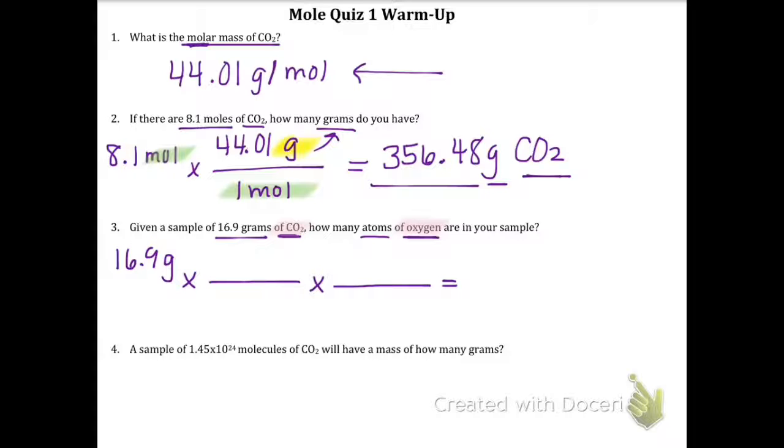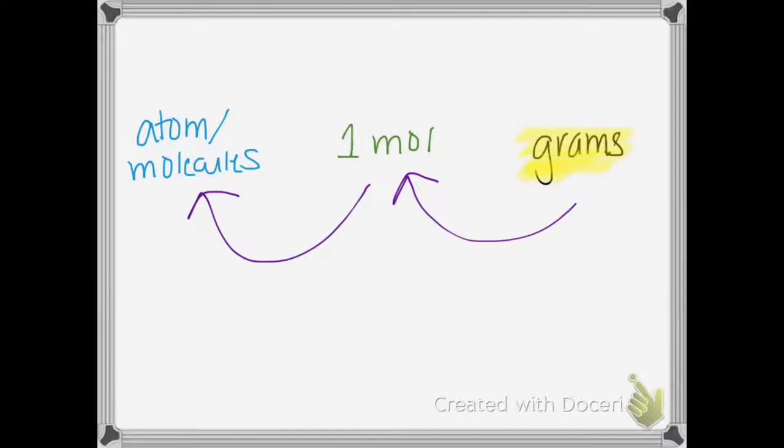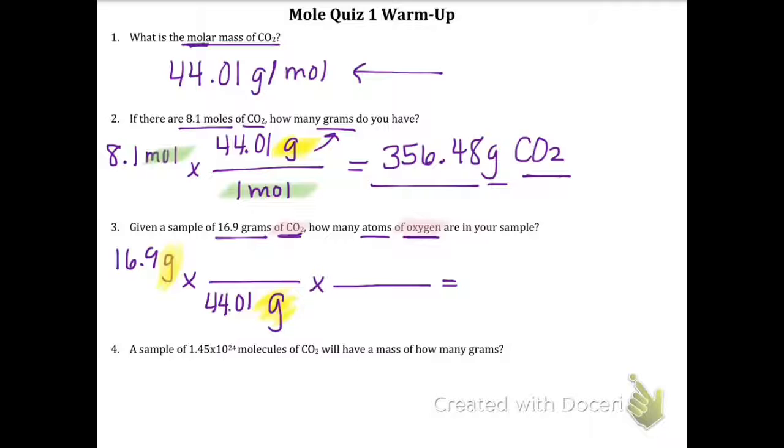If I have grams on top, then grams comes on the bottom. I still have the mass of CO2, so that's 44.01. Then here I'm going to go from grams to moles. Moles is my green.